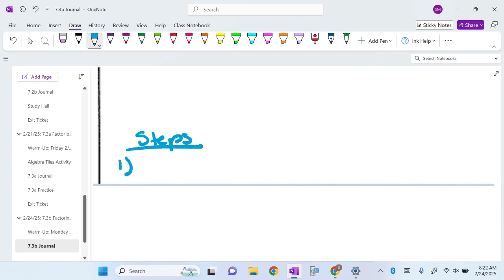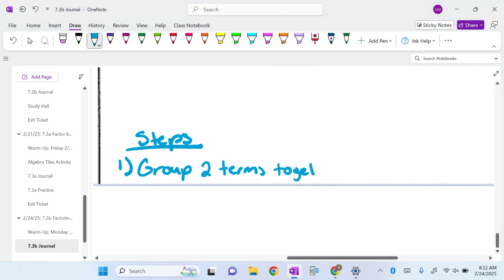The first step to factoring by grouping is to group two terms together. So in the end, you should have two groups of 2.